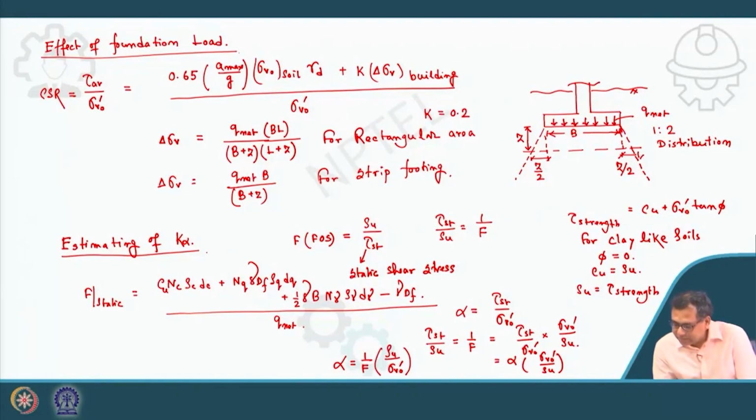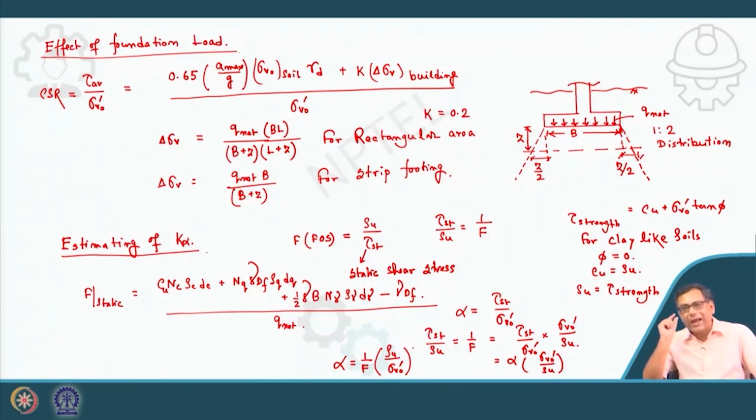Now this is alpha, so this will be equal to alpha into sigma V0 dash divided by SU. So if this is my 1 by F, alpha will be 1 by F into SU divided by sigma V0 dash.